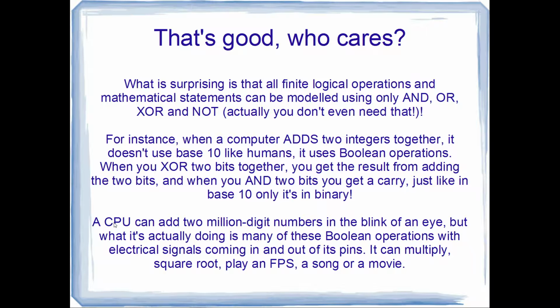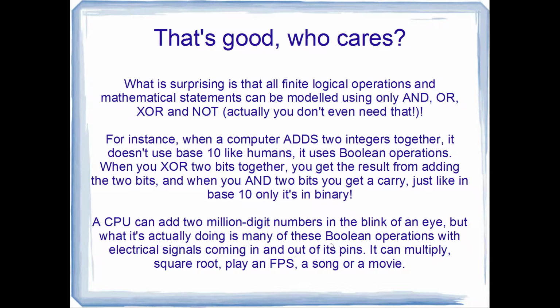They are so fast. Nowadays, a modern CPU is so fast. But what it's actually doing is just millions and millions, billions of these little Boolean operations with electrical signals coming in and out of its pins. So the CPU is nothing but a gigantic collection of transistors etched into silicon. Yeah, and the transistors make these Boolean operations with logical gates. But it's not really the time for that.